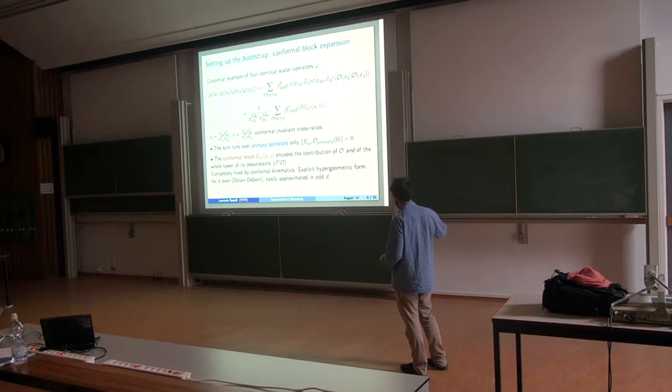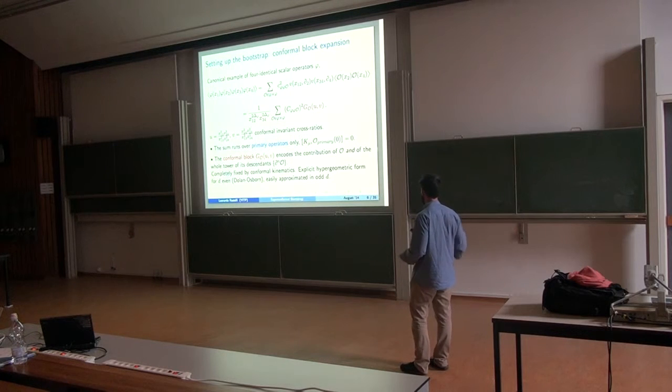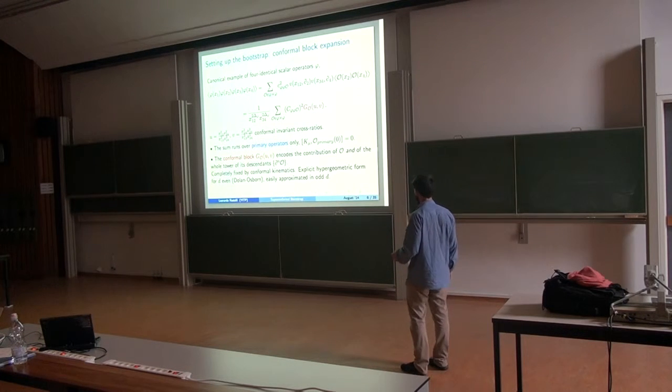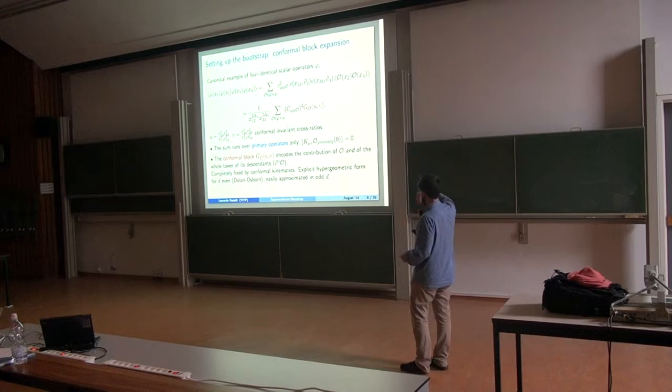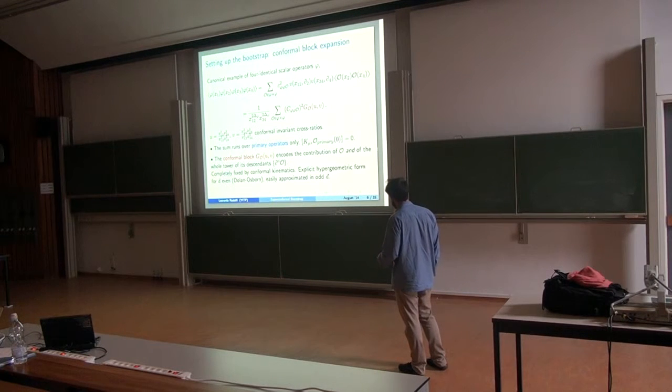The highest weight state, or in physics language, the lowest weight state, is the so-called conformal primary operator, which commutes with the special conformal generator. Special conformal generators have the role of lowering operators, so you cannot lower the dimension further. Then, starting from this primary operator, we build the whole representation by acting with momenta, with derivatives.